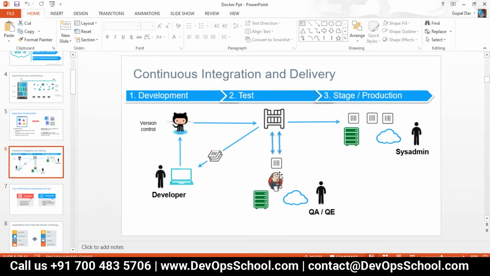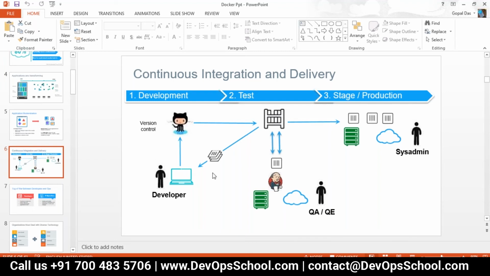Which one do you use for testing your code? Jenkins. Once you test your code, it should be pushed to an environment. It can be a virtual machine, or it can be in the cloud.